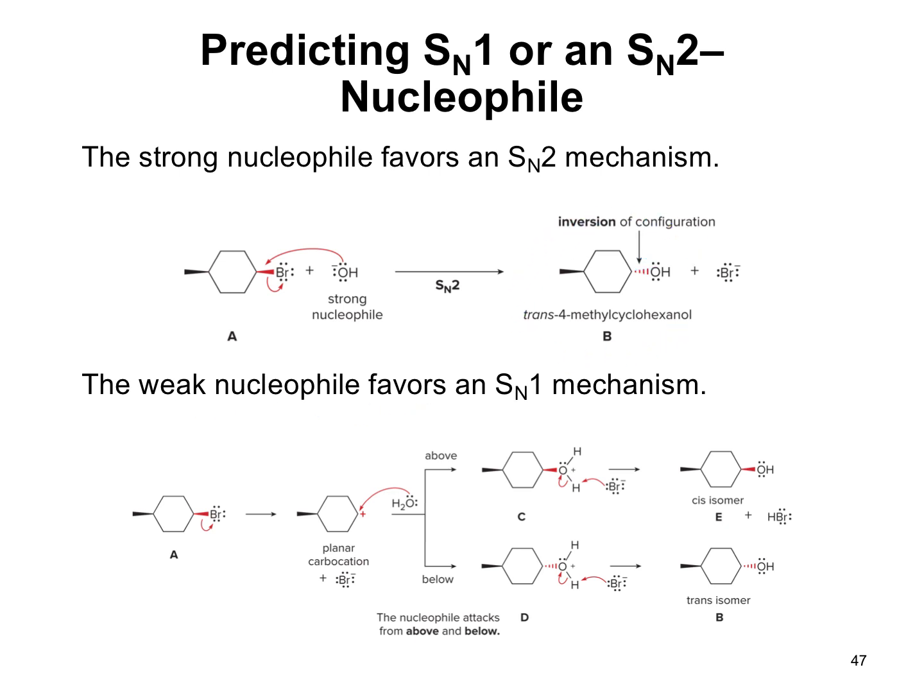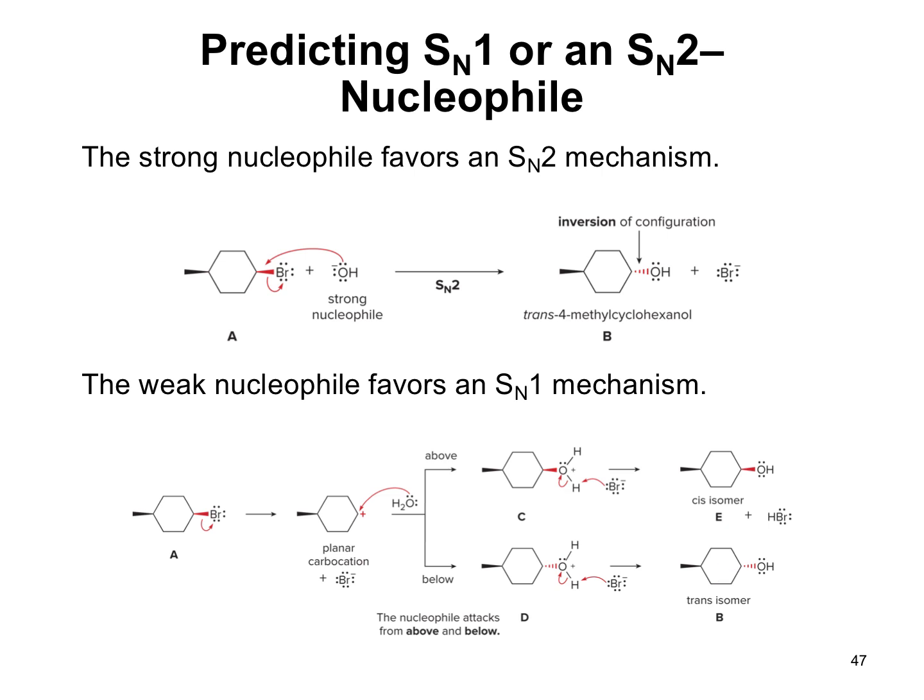A weak nucleophile favors that SN1 mechanism, and the first step here is the halide leaves, and now this water can approach from above or below. Now, you only have to show one arrow here, but you do need to show both the products here, okay?